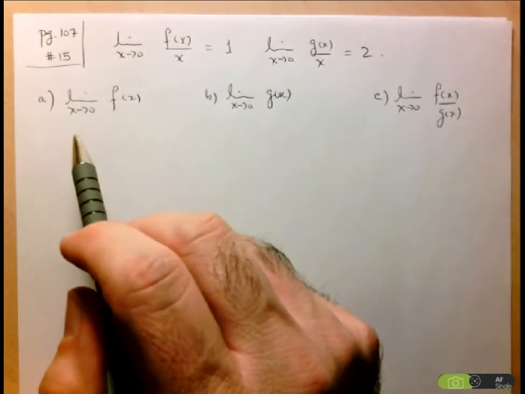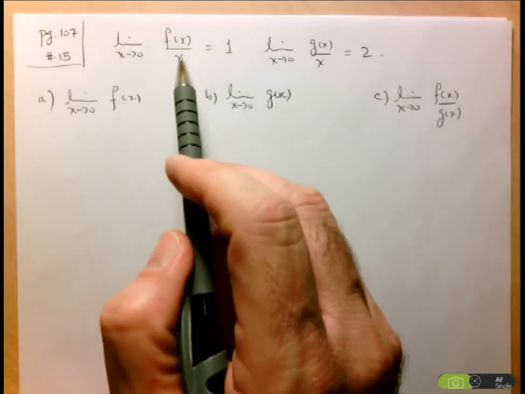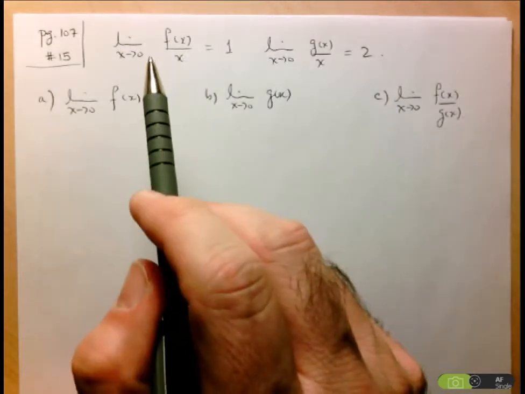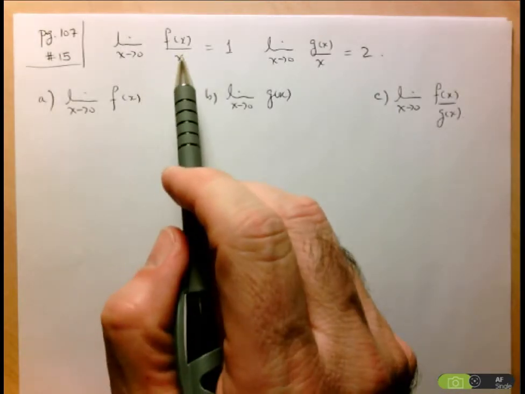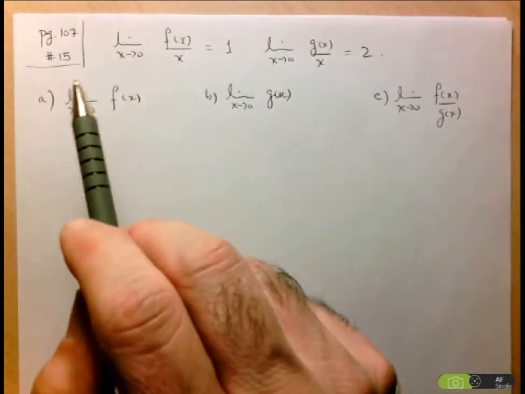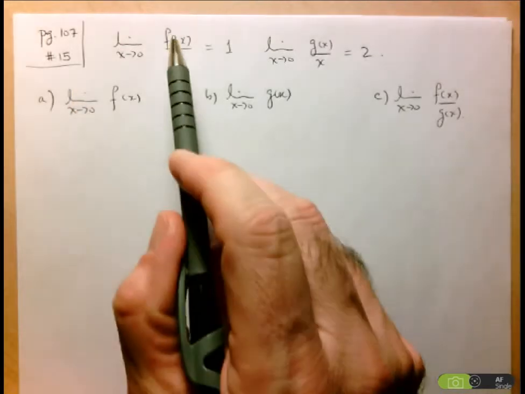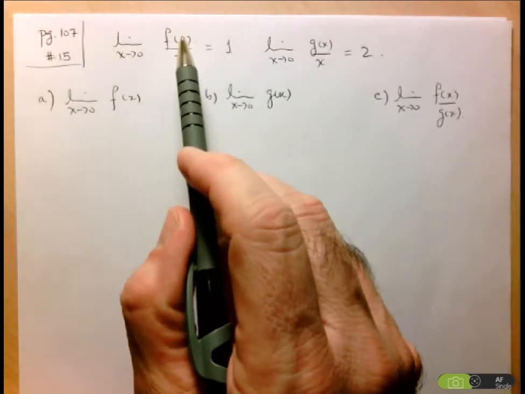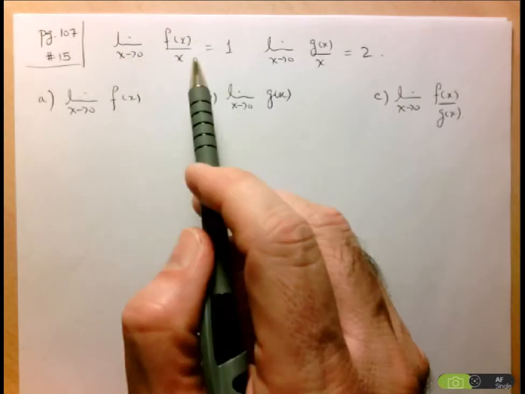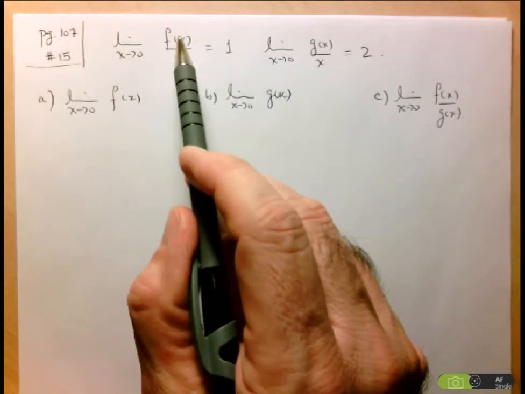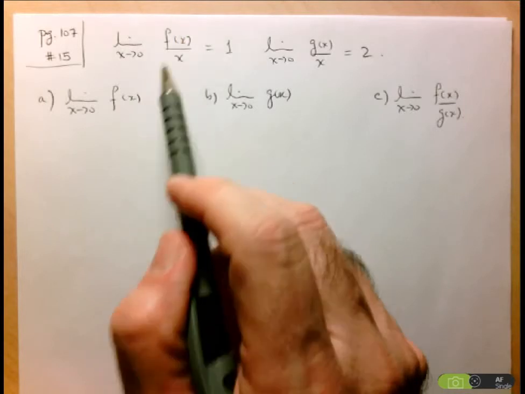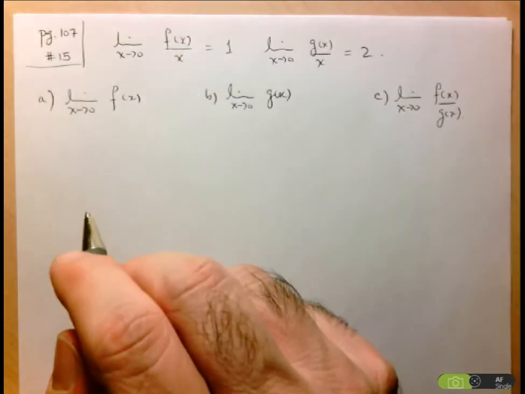So this limit exists, but this is where I want you to notice that the denominator is approaching 0. The only way for this limit to exist, if the denominator is approaching 0, is if the numerator also approaches 0. If the numerator is approaching a real number and the denominator 0, this limit could not exist. The only way for it to possibly exist is for this to be an indeterminate form. Therefore, both numerator and denominator approach 0.